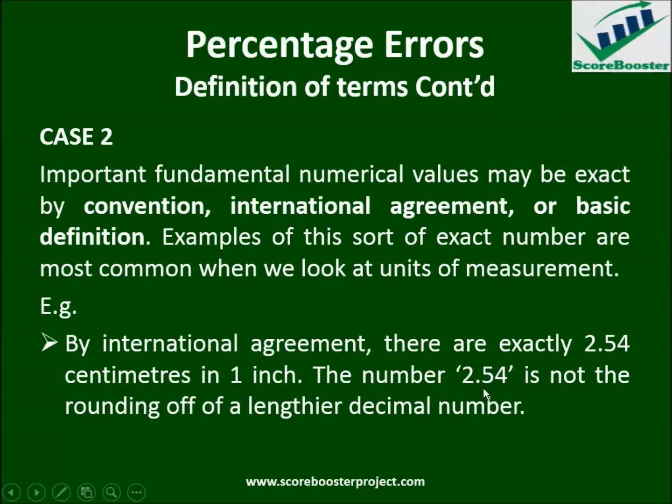So it's an exact value, it's not approximate. So 1 inch equals 2.54 centimeters is an exact value by international agreement.